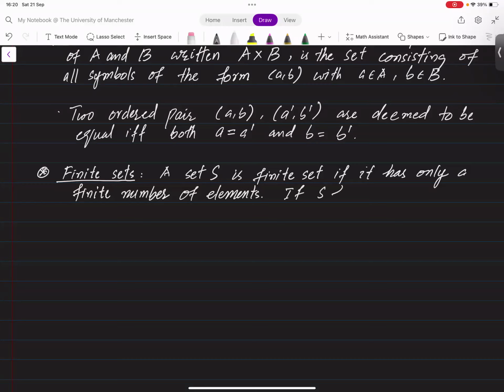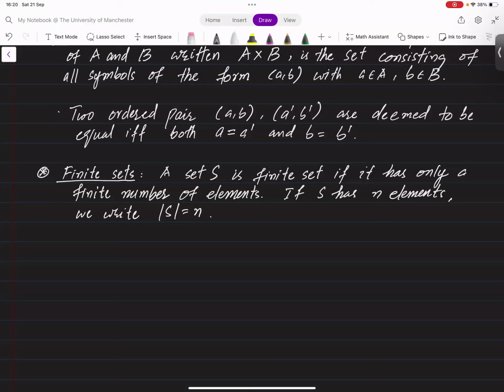If S has n elements, we write the order of S is n. If S is not finite, then it is infinite.